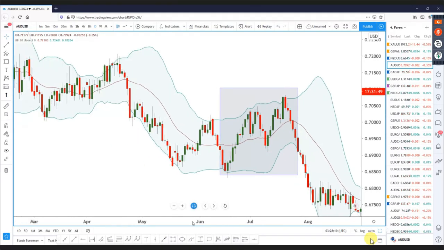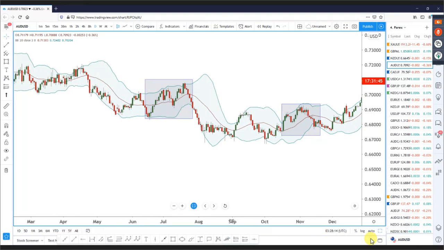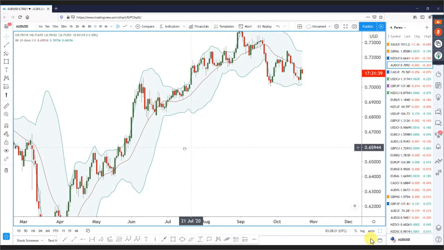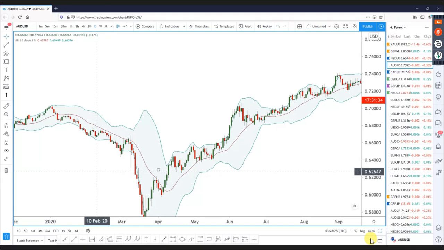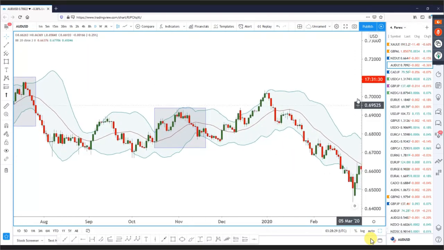Okay, so right here we have our Bollinger Band. I'm using Aussie dollar on the daily time frame. So here are some examples of the M pattern.